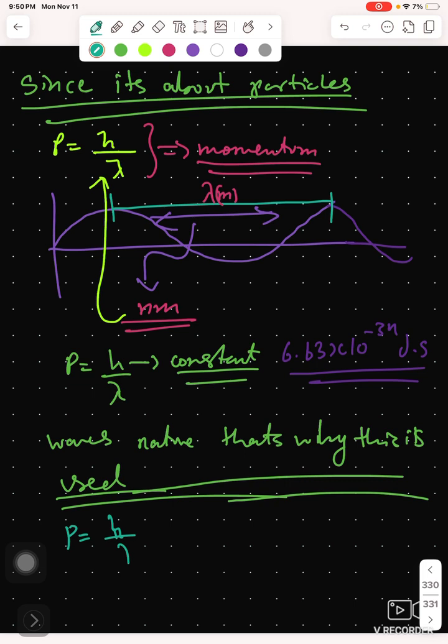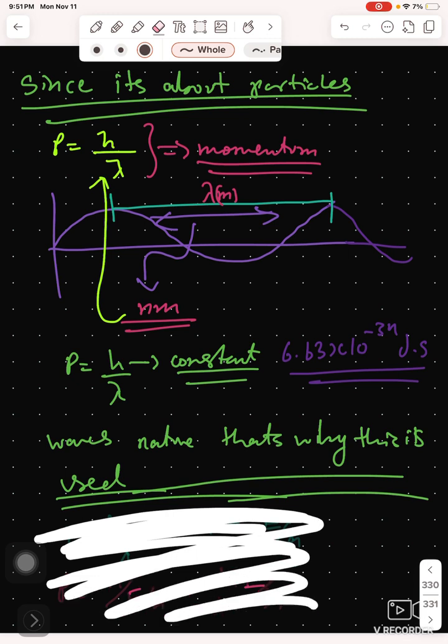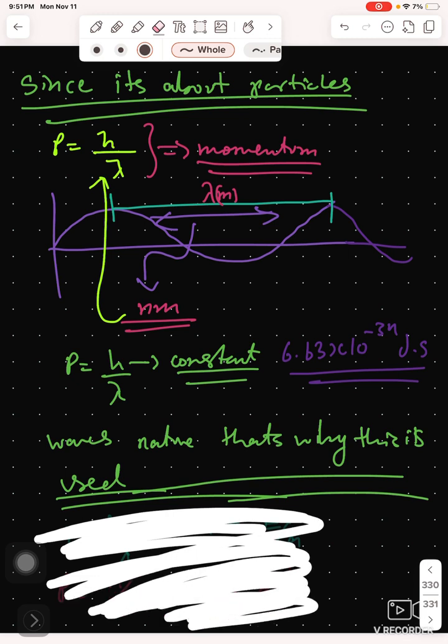Lambda is nothing but E or h. Wait a minute. Lambda is E over h, right? Yeah, leave that. We'll not do that.